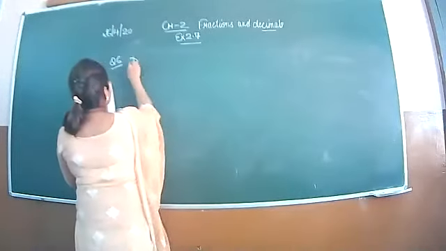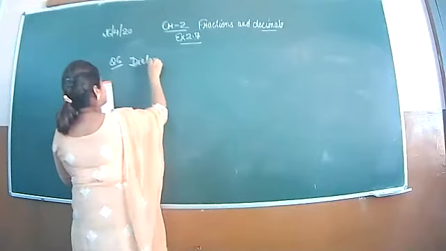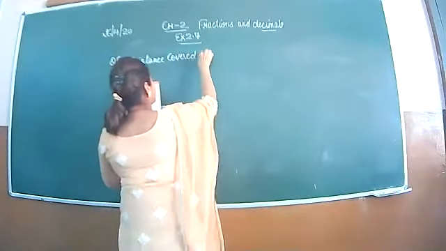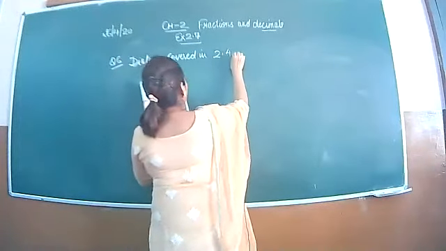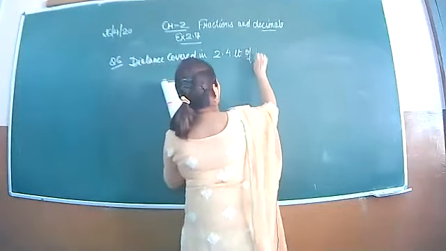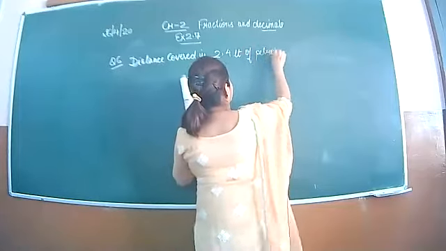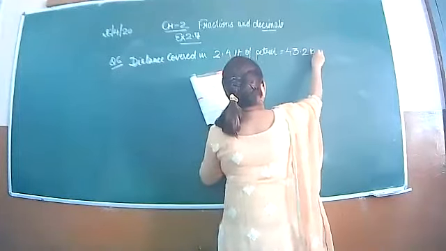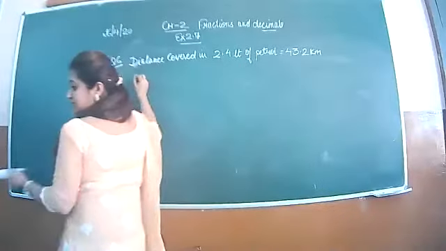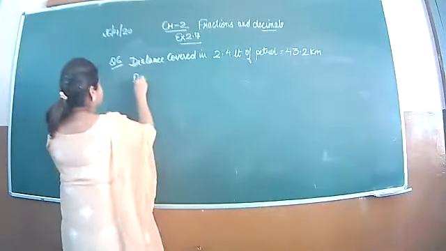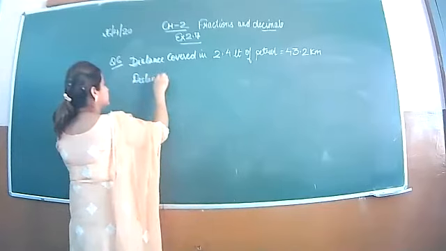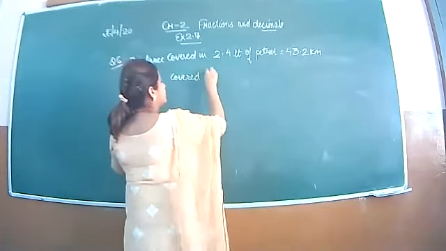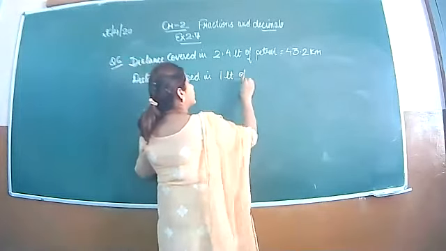Distance covered in 2.4 liter of petrol is 43.2 kilometer. Distance covered in 1 liter of petrol.